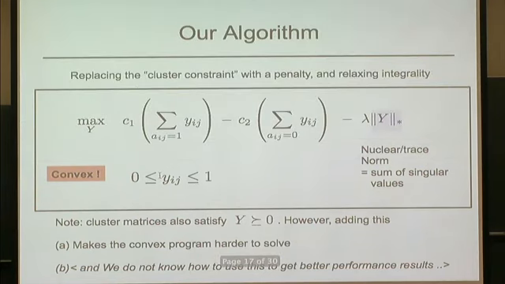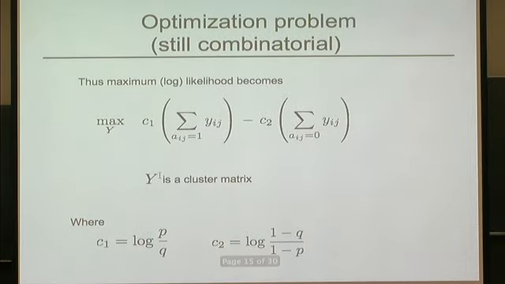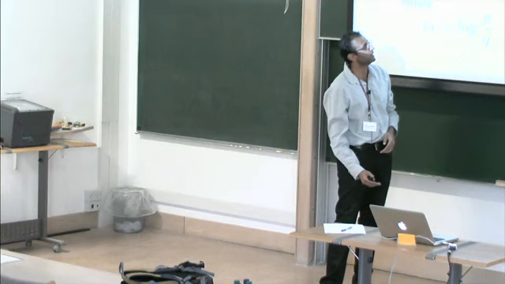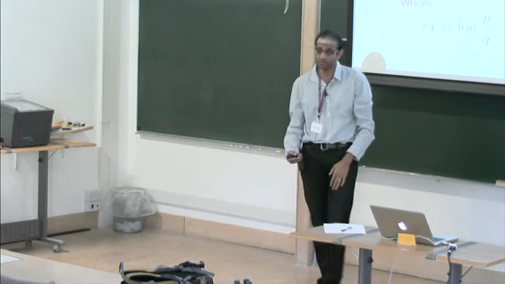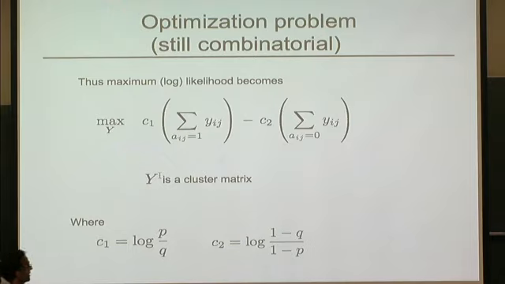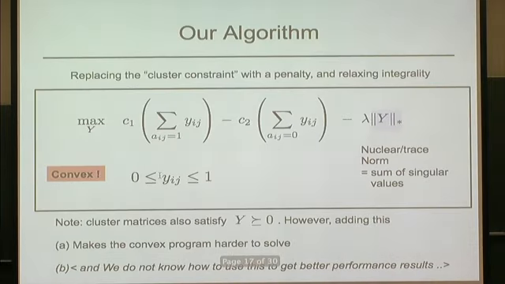So instead what we need to do is pose it as a convex optimization problem. Because this is a linear objective and this is an irritating combinatorial term, we just replace it by a convex relaxation, and the convex relaxation is the trace norm, or the so-called nuclear norm. It's just a sum of singular values of a matrix. So this is a convex program.